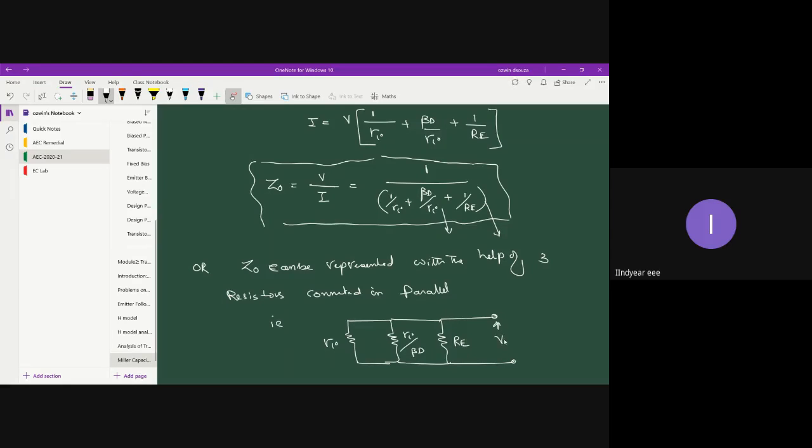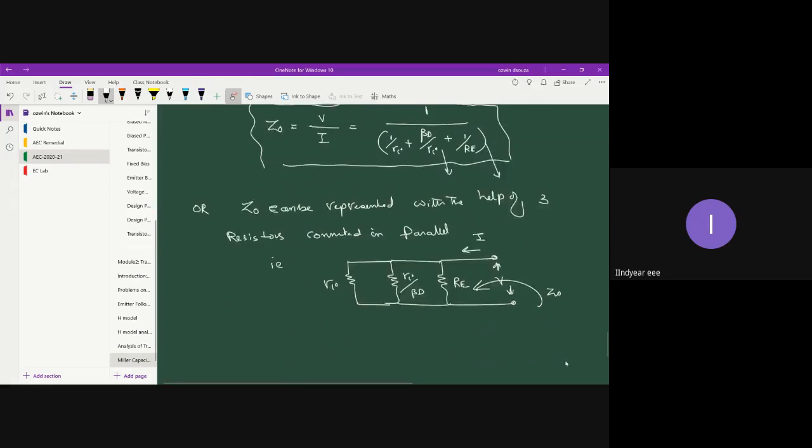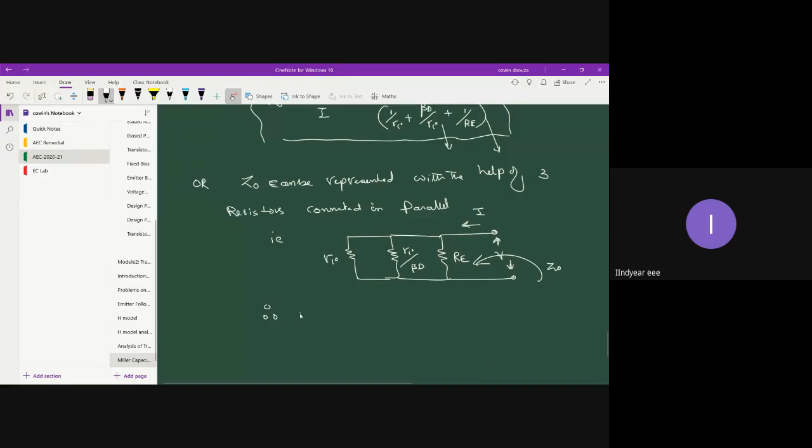So this is V, and this is I, and this is your Z0. So you can write Z0 as RI parallel with RI by beta D parallel with RE. Okay, so that's your Z0.